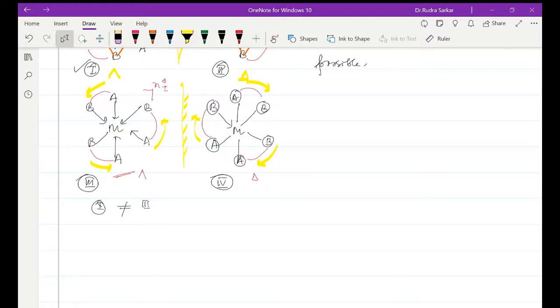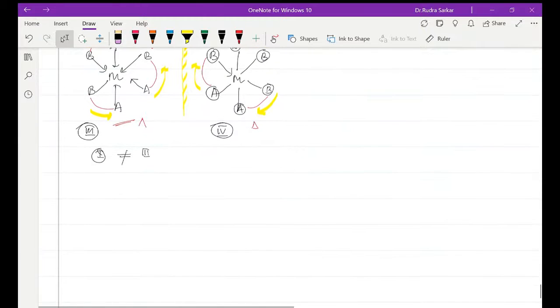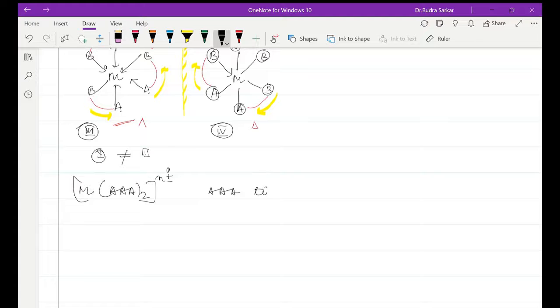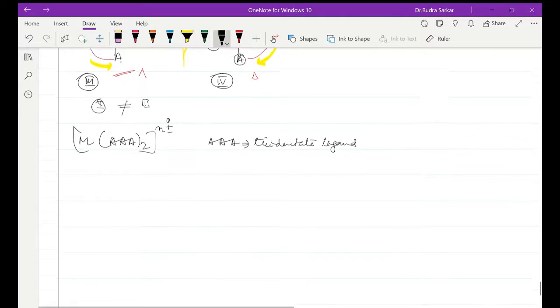Similarly, one can try MAAA whole twice, where AAA is a tridentate ligand. Okay, one can give it a try.